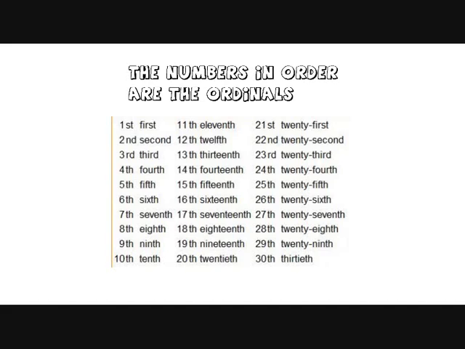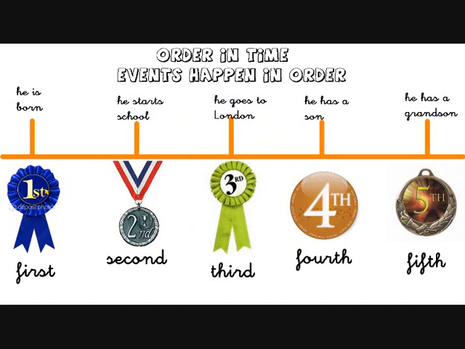Look at the ordinals in the timeline. Look, the first thing is he is born. We don't say number one thing. No, we say the first thing. Look, first, and it's number one, ST. Cool.